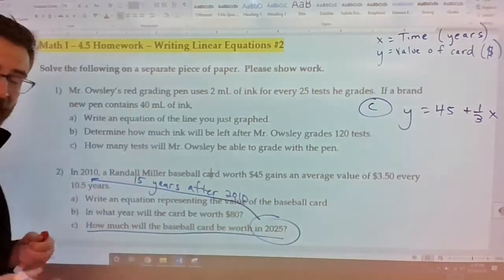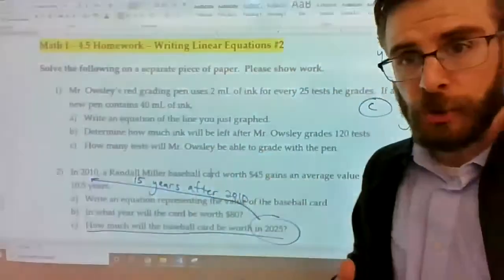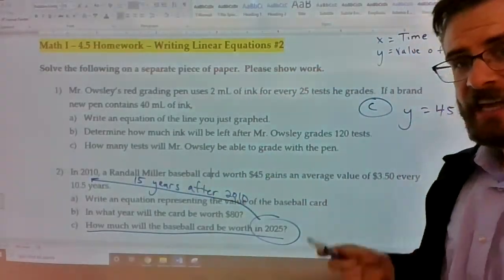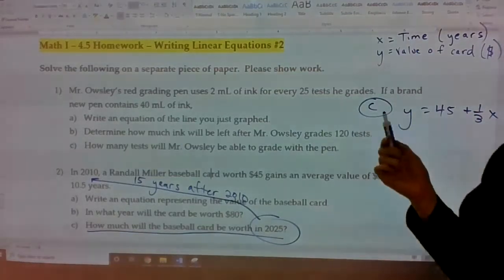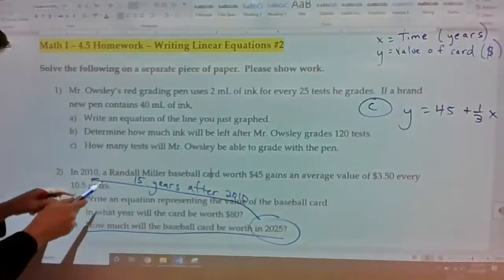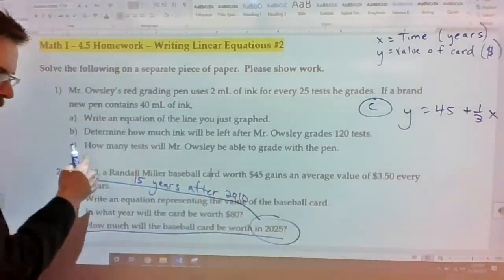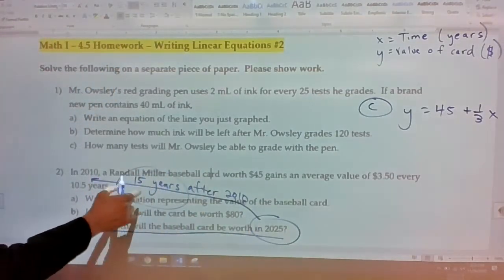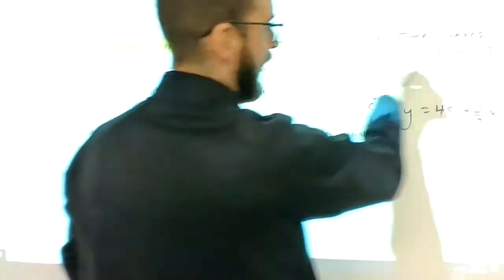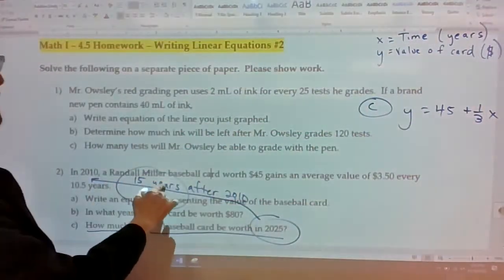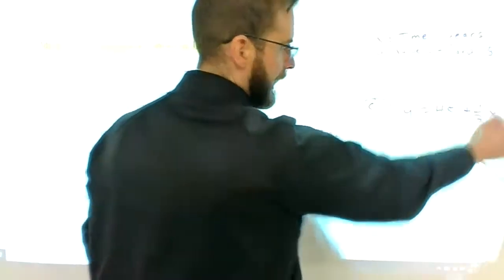All right? I'm not just going to straight up plug 2025 into this formula right here. Really what's happening is it's saying that the card is 15 years older than it was in 2010. So that's what I'm plugging in for x. 15 years goes in for x.